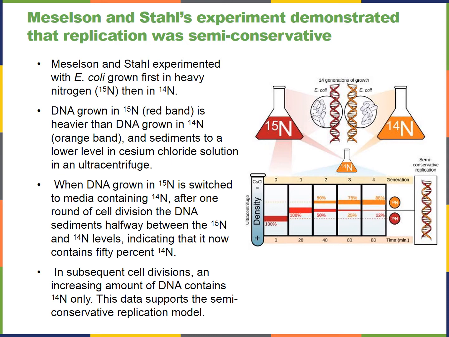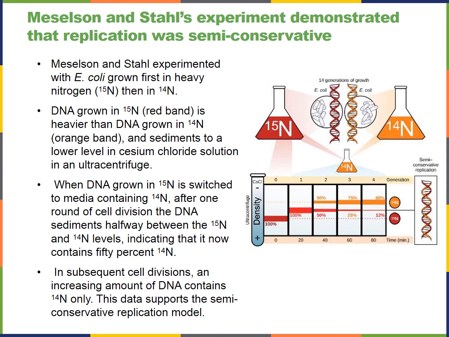Under these circumstances, the DNA will form a band according to its buoyant density, and this is the density within the gradient at which it floats. So DNA grown in the heavy nitrogen, or the nitrogen-15, will form a band at a higher density position. So it's going to form a band farther down the centrifuge tube compared to that one that's grown in nitrogen-14.